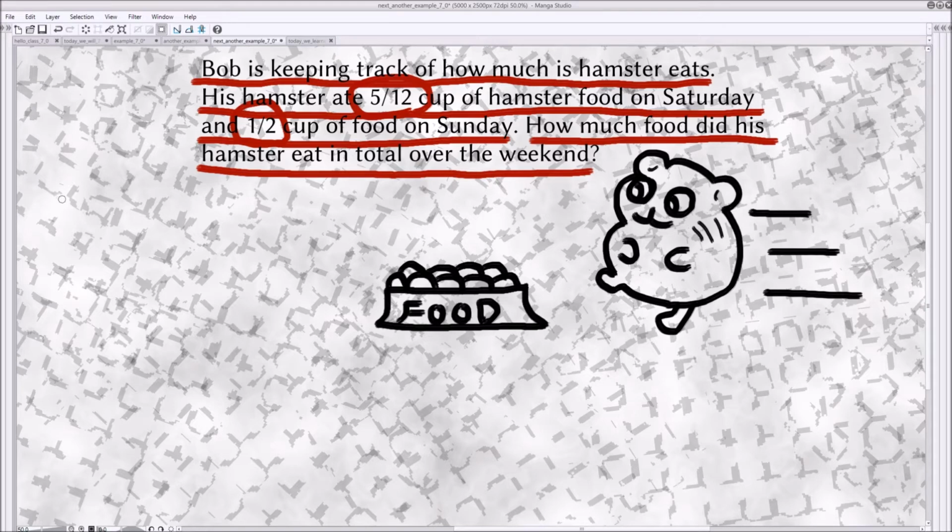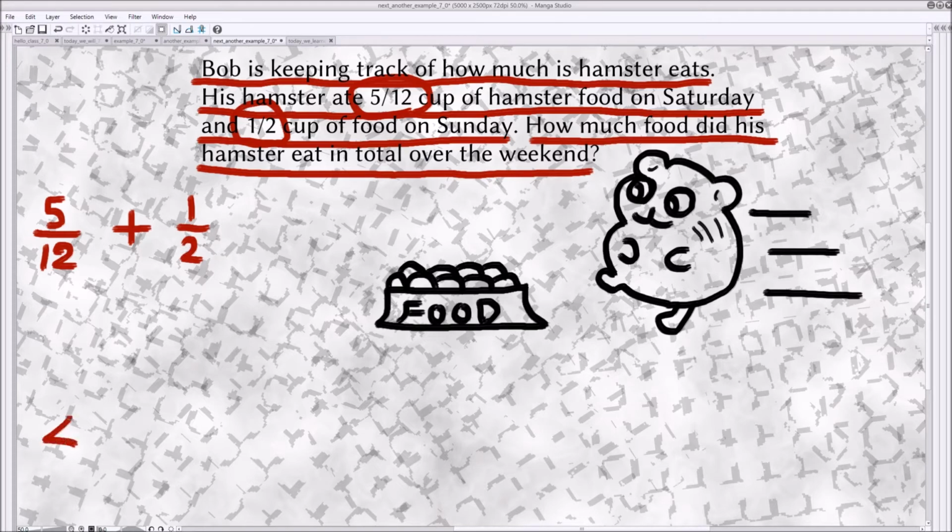So our first fraction we have is 5/12 plus our 1/2. And if you look right here, you can see that we have a 12 and a 2 as a denominator, and remember we have to make them the same number.